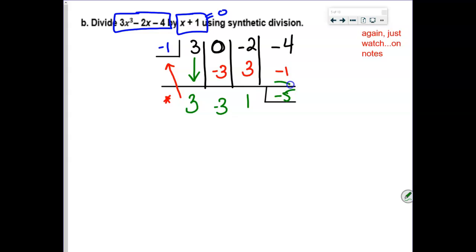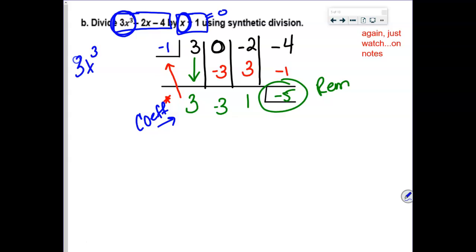And this last thing you get is called the remainder, which we know that. And later on we'll learn it's something else. What's remaining here, though, are the coefficients. These are just the coefficients to your answer. So now you have to interpret that for me. So what I do is I go back to my problem and I look at just the lead terms. You took a 3x to the 3rd power and you divided it by an x to the 1st power.